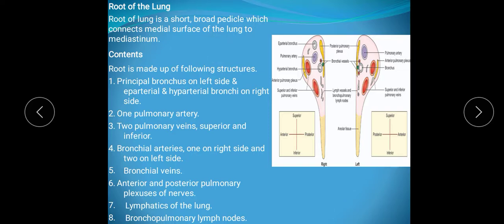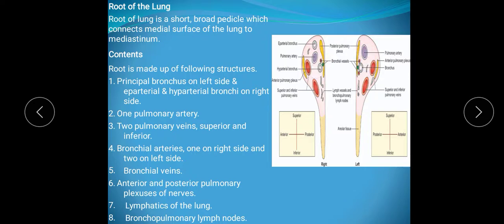Then the root is made up of the following structures. There is a principal bronchus on the left side. This one is the principal bronchus, present on the left side, and epiarterial and hyparterial bronchus on the right side. One pulmonary artery. This one is the pulmonary artery on both sides, right and left.